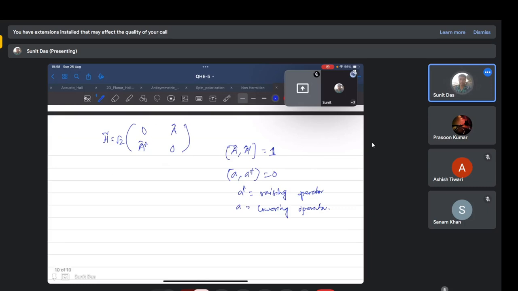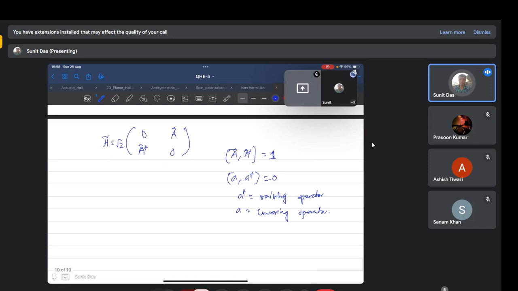And a was the lowering operator. Now this Hamiltonian again looks like a similar kind of harmonic oscillator operator, which follows the same. Sorry, this was not 0. This was 1. So it follows the same relation. So again, essentially here also we'll have some Hermite polynomial type of wave function that will satisfy this h tilde, and that can solve the Hamiltonian, right?